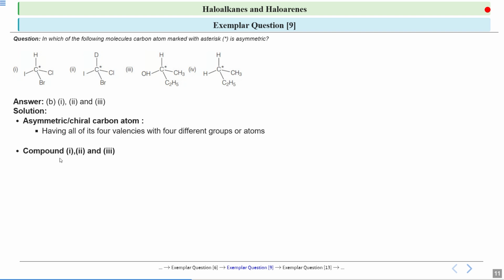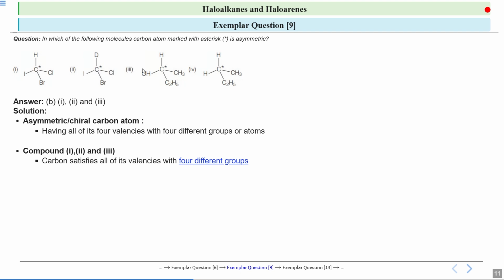If you see compounds first, second, and third, the carbon satisfies all of its valencies with 4 different groups in these molecules. You can see in the first molecule, we have carbon connecting with hydrogen, chlorine, bromine, and iodine. All the 4 are different. In the second molecule, also, carbon is connecting with deuterium, iodine, bromine, and chlorine.